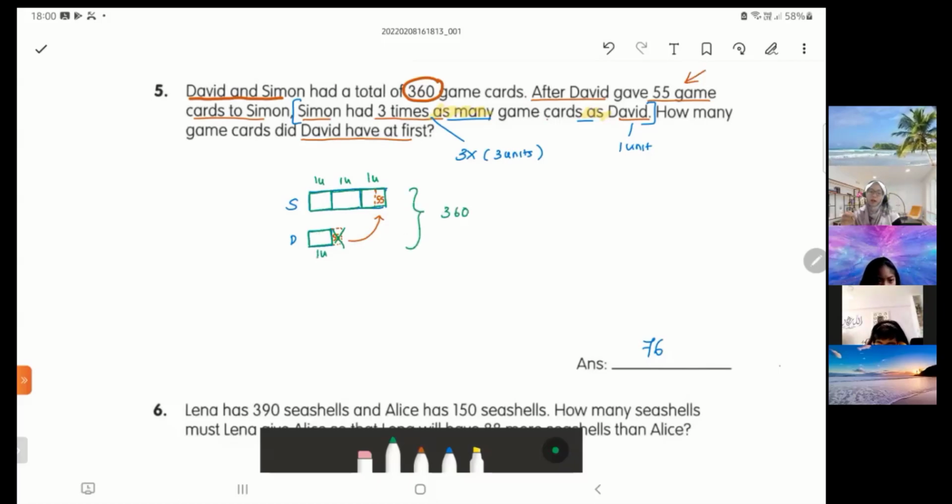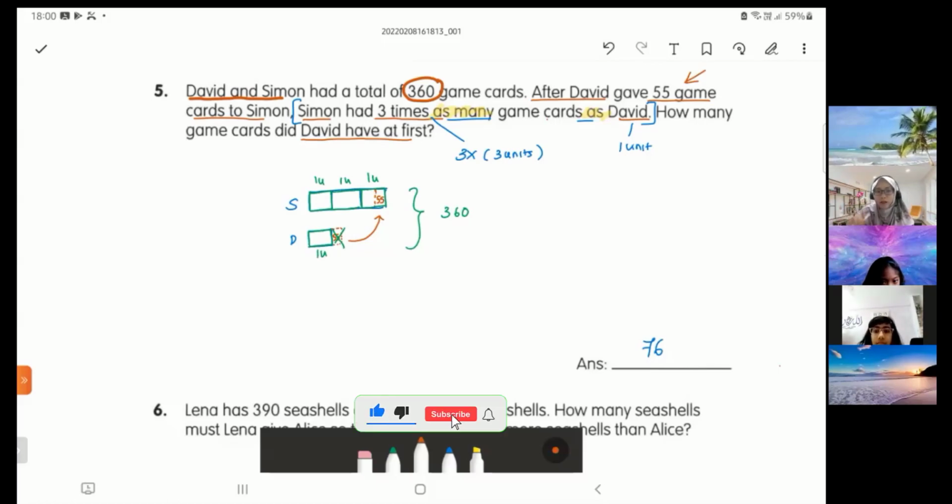So if you look at the model, the item that was given, 55 game cards from David to Simon, is between the two of them. So we call this kind of change the internal transfer. It is between these two people. There's no external factor.